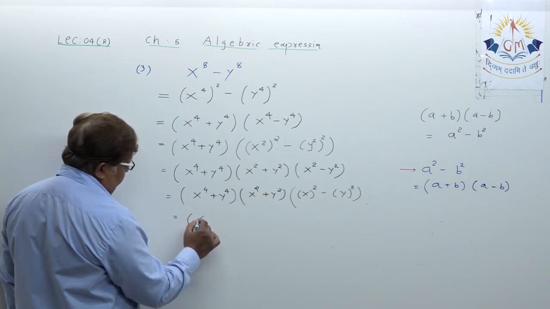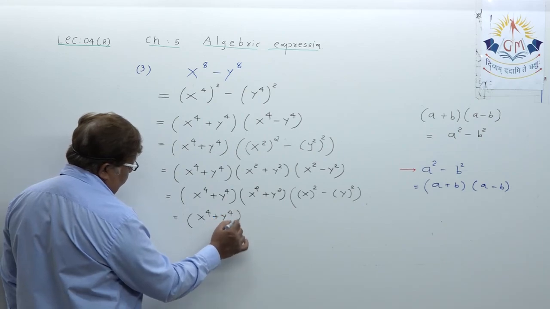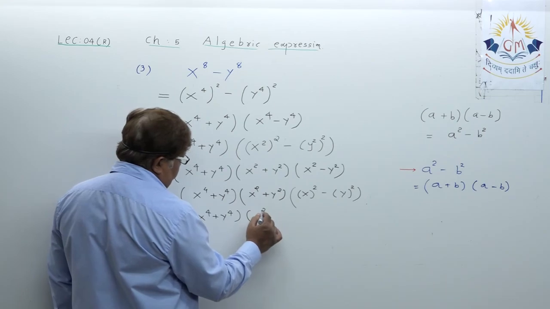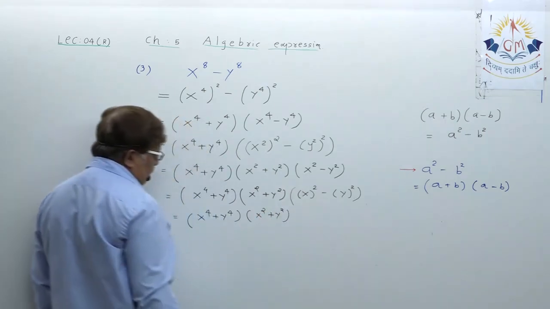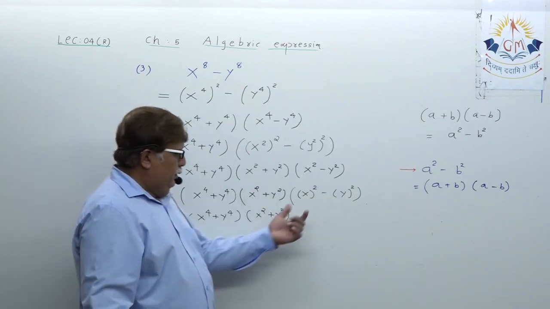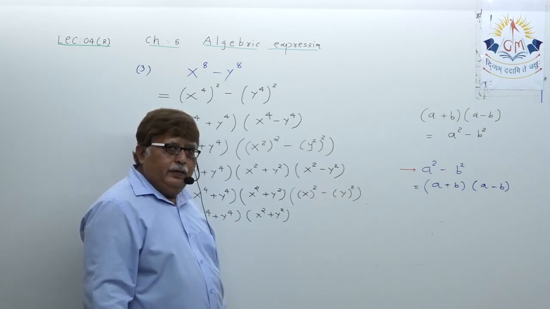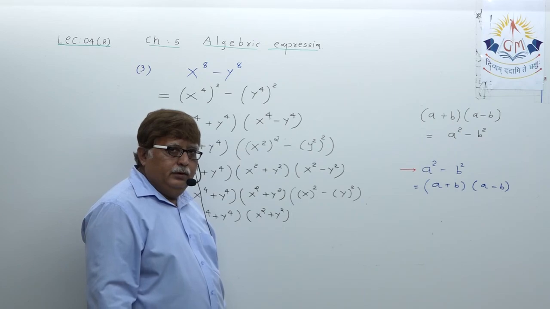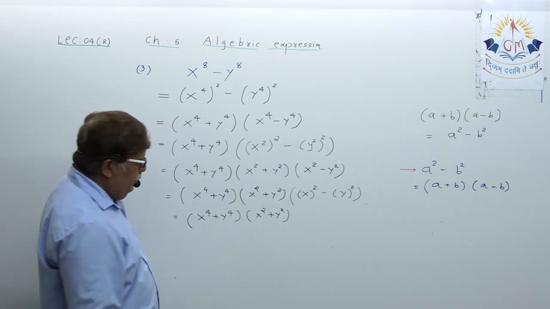First bracket as it is, second bracket as it is, and here this is a square minus b square. That means a plus b into a minus b.